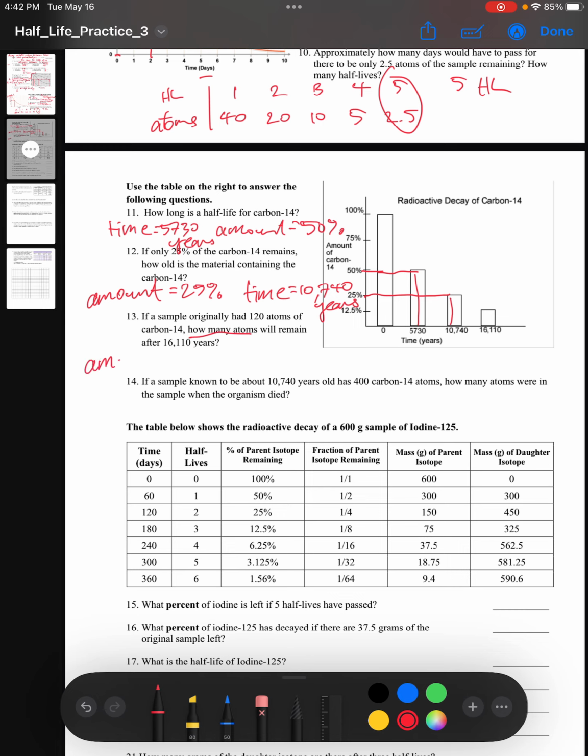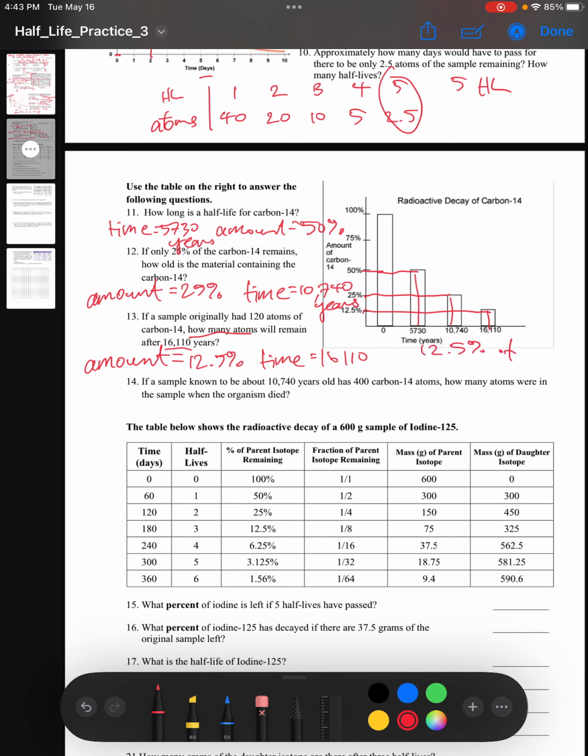So that is asking us, what is the amount when the time is 16,110 years? So the time is 16,110. At a time of 16,110, that is an amount of 12.5%.